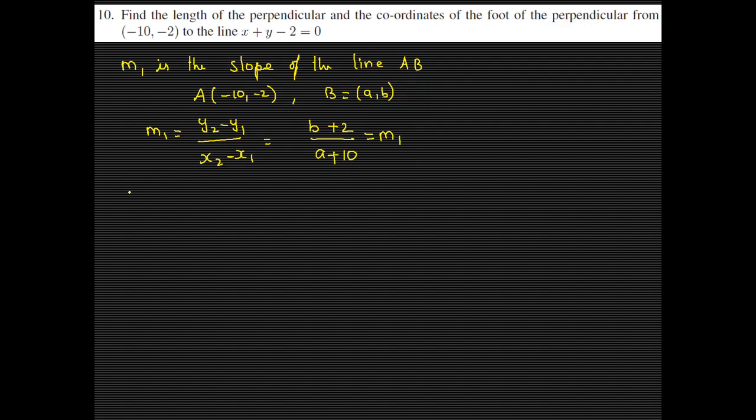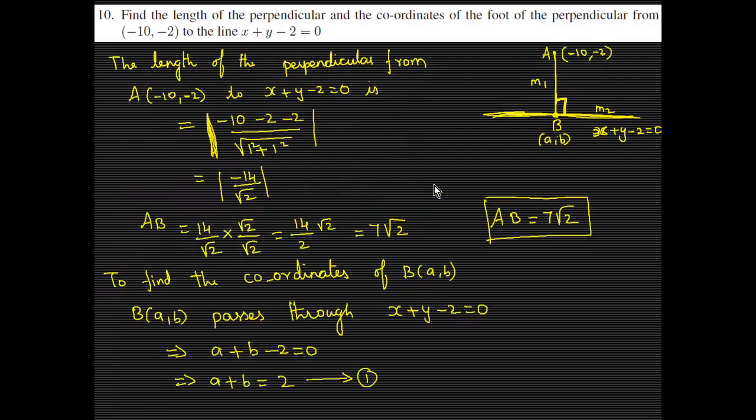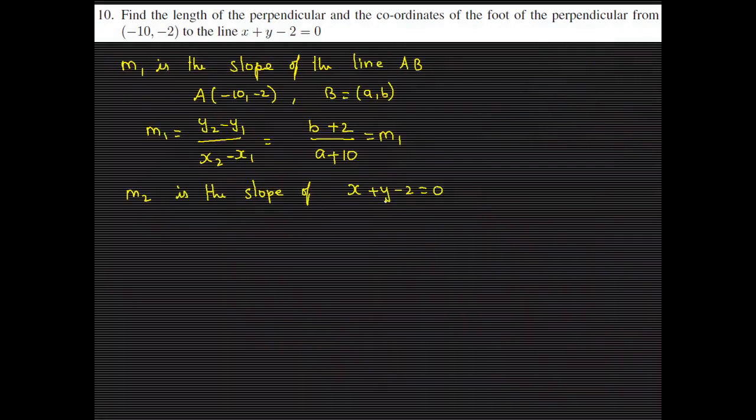Next, m2 is the slope of the given line x + y - 2 = 0. The equation of a line is of the form y = mx + c, where m is the slope.